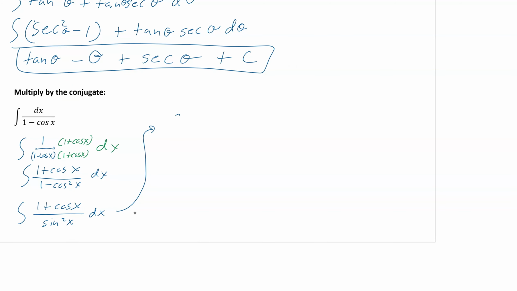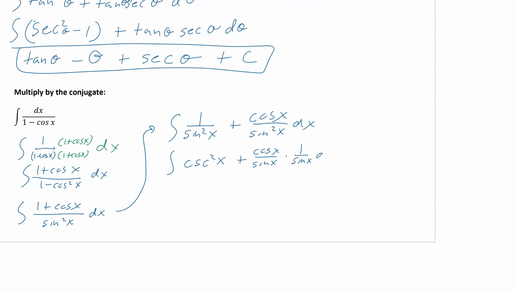So we get the integral of 1 over sine squared x plus cosine x over sine squared x dx. And then you should hopefully start to see this. This is cosecant squared x plus, and then this is cosine over sine, take it slow here, times 1 over sine x.